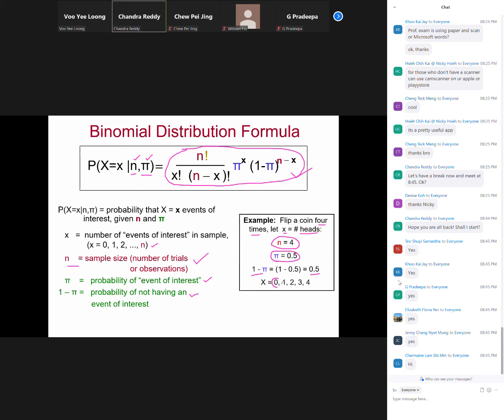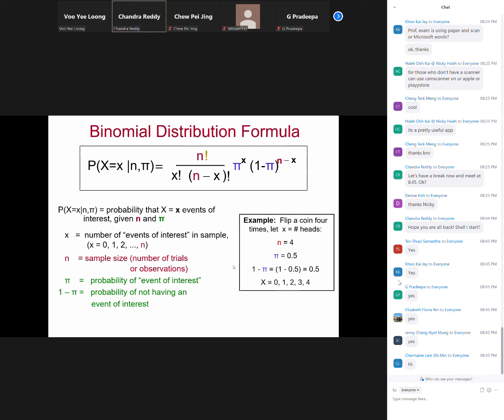You may get 1 head and 3 tails, or 2 heads and 2 tails, or 3 heads and 1 tail, or 4 heads. So the variable X can be 0, 1, 2, 3, or 4. This is the meaning of binomial probability distribution.